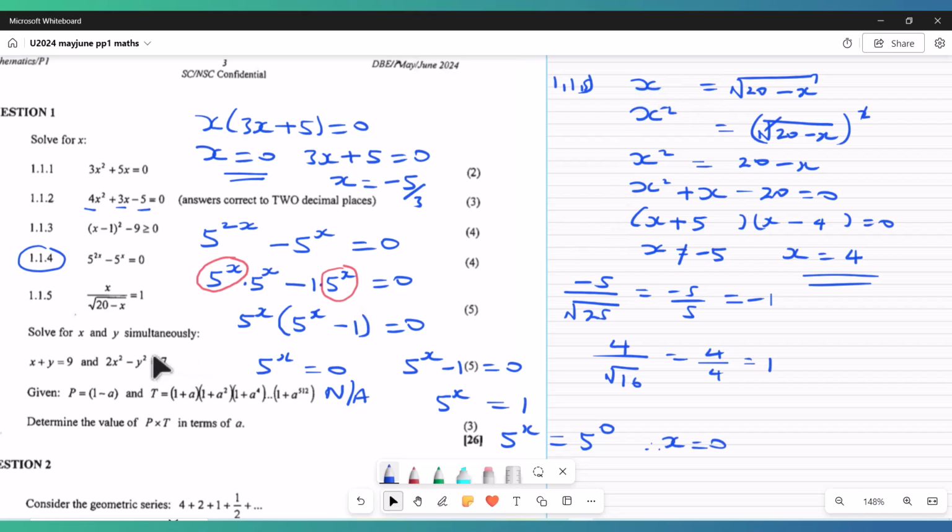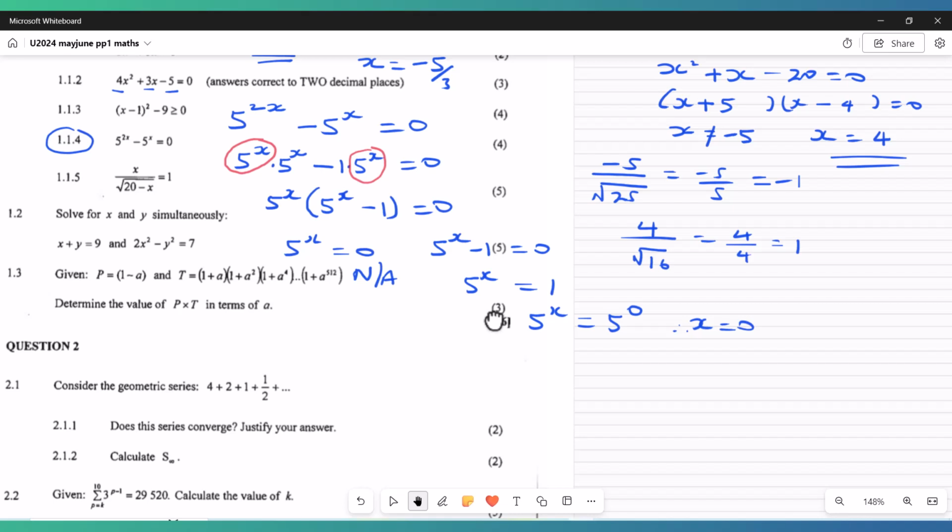Here we have the simultaneous, solve for x and y simultaneously. Now what we need to know is that we identify which equation is linear and then use it to substitute in the one which is not linear. So in this particular question, we can see that this one is linear, this one is not linear. So what are we going to do?